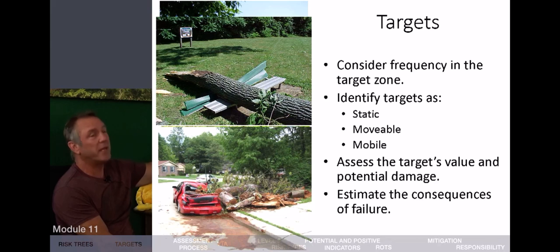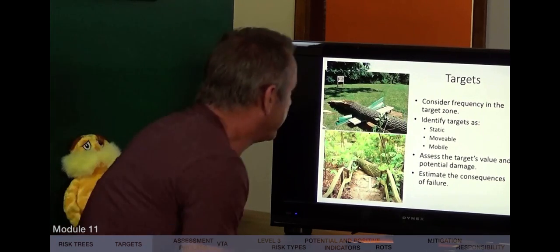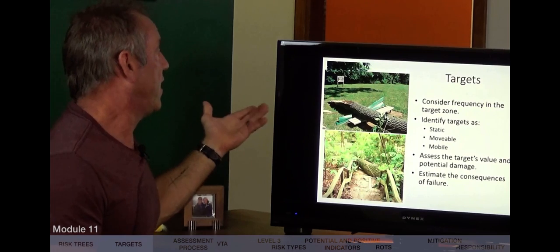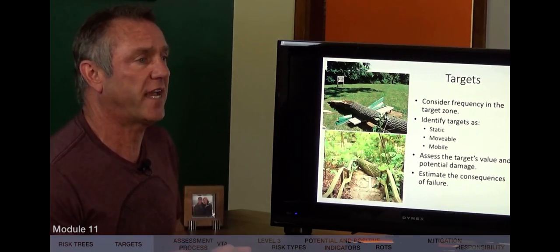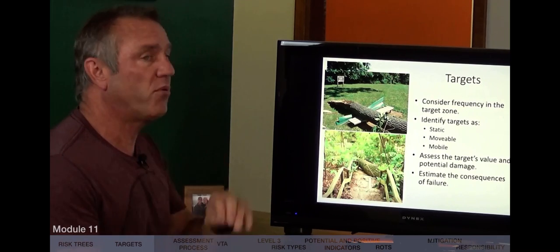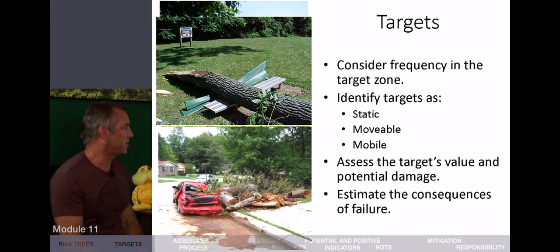So how often are people in that shelter house, or how often are people on this trail in this park area? And also like this bench, how often are people sitting on this bench? The bench could be a target because it does have some value, but more importantly, people are the important target to consider in these situations.